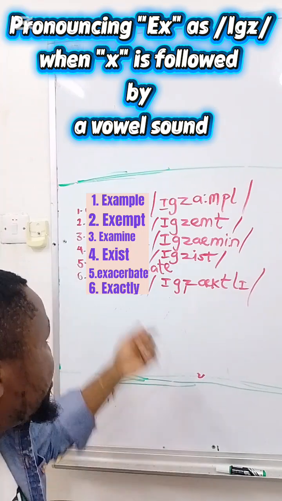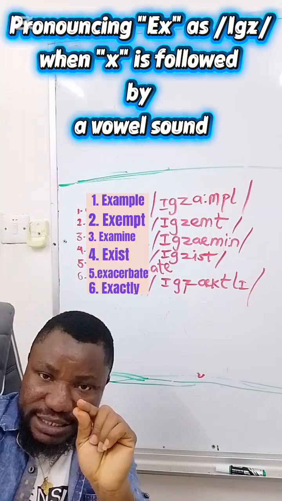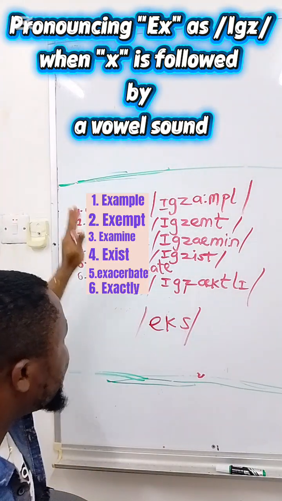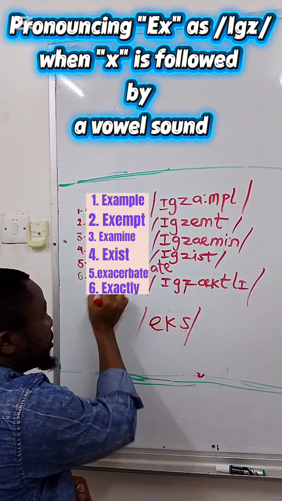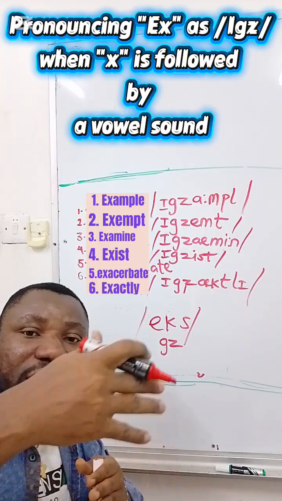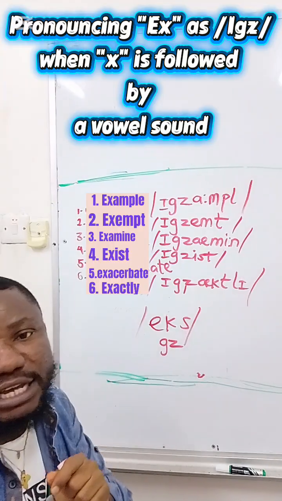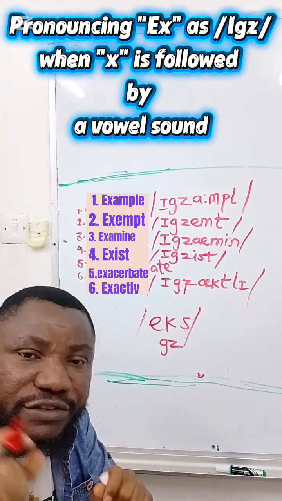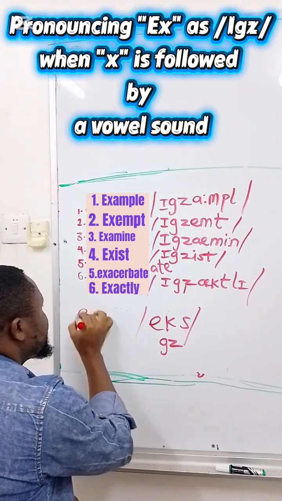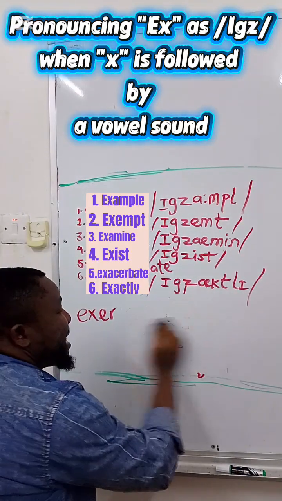Remember, I did say that this X letter may be pronounced as ks or X, as in box. And when you have this structure, you have this X letter being pronounced as giz, especially when you have a vowel letter or a vowel sound coming immediately after the X letter. However, there is this exception that I found recently, and that's in the word exercise.